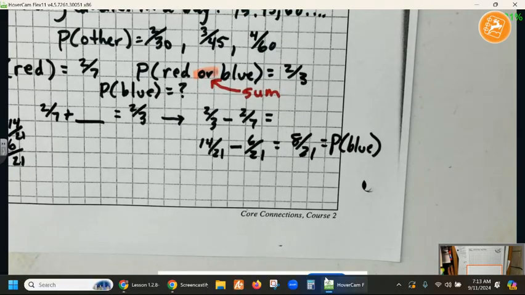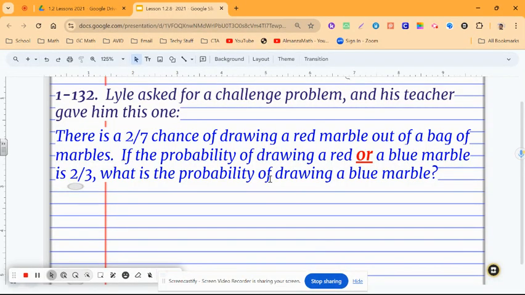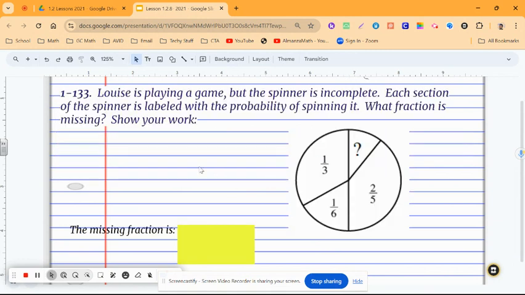Okay, and then in this final problem, what you're going to do is copy this spinner down. We have 1/3, 1/6, and 2/5 in the circle here. So go ahead and copy this one down. We have problem 133 towards the bottom of the page. It's okay if we go into the margin a little bit.